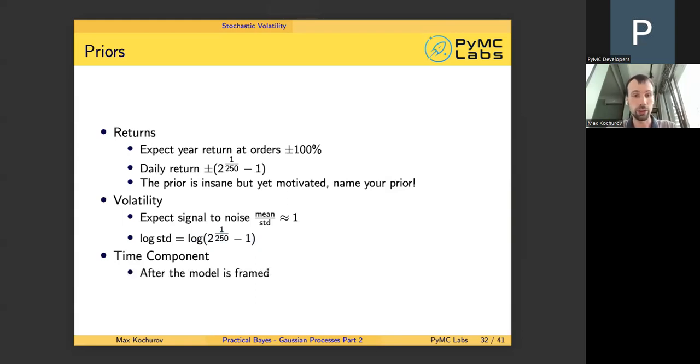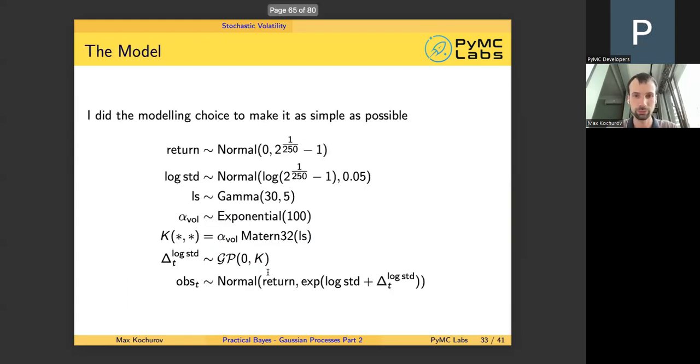Before we go to the time component, let's paint a big picture. And the big picture is to get those returns, logarithm of standard deviation, that are like mean over the whole period.